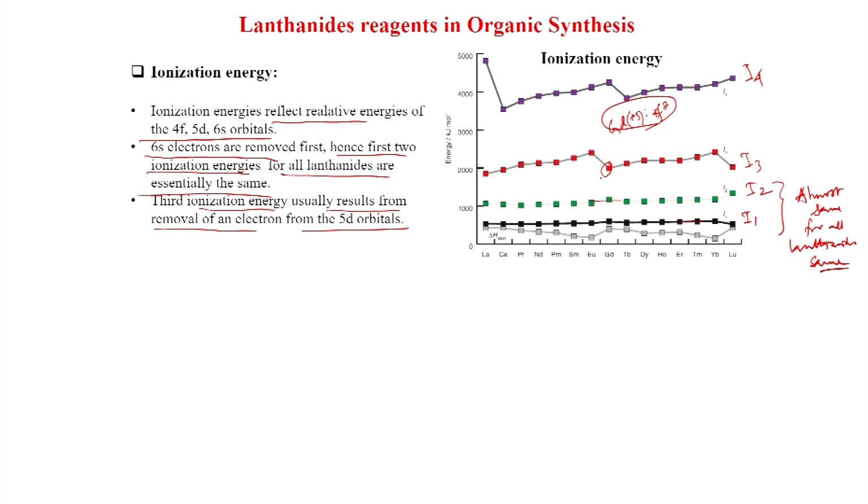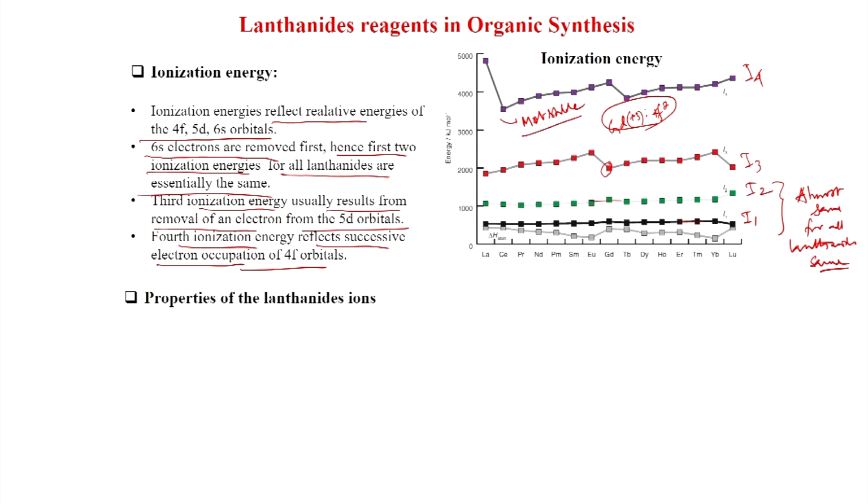The more stable, the lower the ionization energy. The fourth ionization energy reflects successive electron occupation of 4f orbitals. So here you can see cerium +4 is the most stable, and others are very high energy. So cerium +4 is most stable, and it is stable also in water.